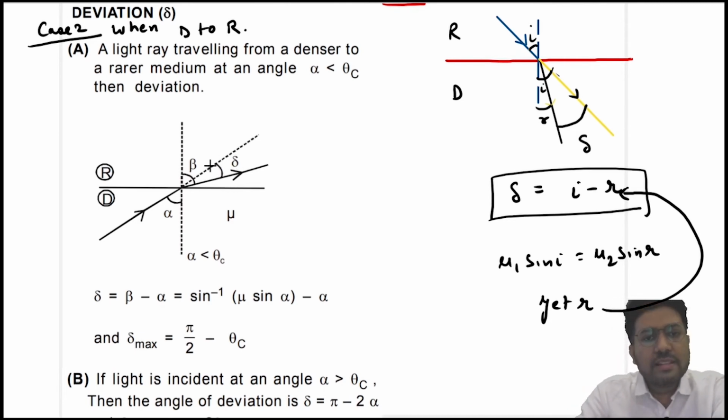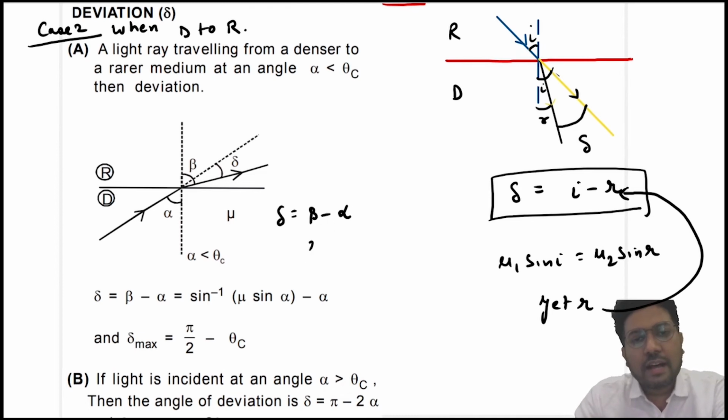From here you can clearly see that delta is equal to beta minus alpha, or you can say R minus I, because sometimes you write the angle of incidence as I and the angle of refraction as R. Again you can use Snell's law to find the value of R using mu1 sin I is equal to mu2 sin R. So this is denser side mu1 and this is rarer side mu2.